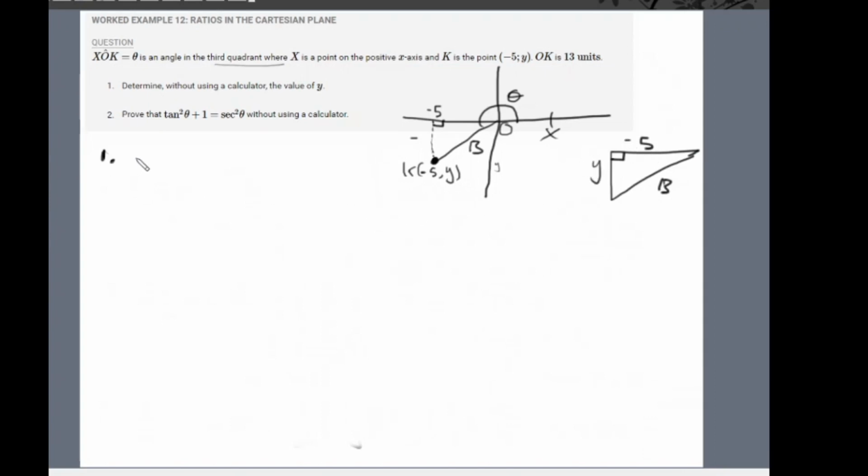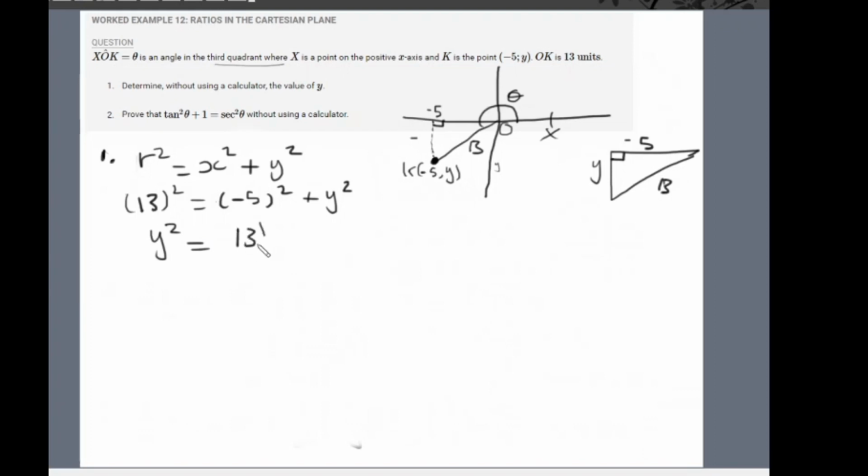So using the theorem of Pythagoras, we know that r squared equals x squared plus y squared. So r in this case is 13, x is minus 5, and y we don't know. So now solve for y and take y as the subject of the formula.